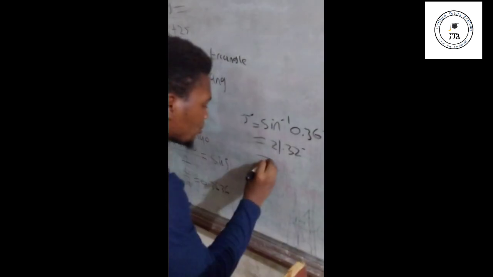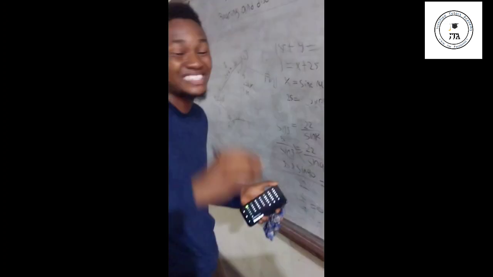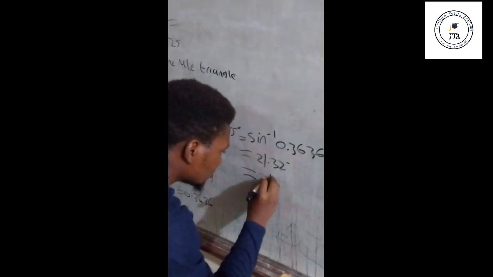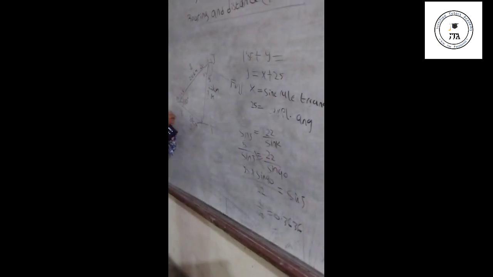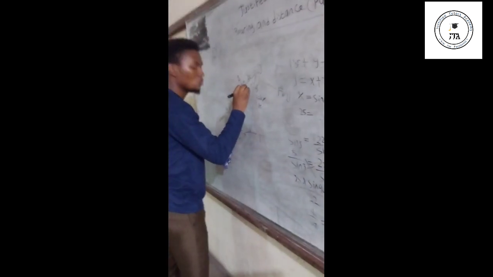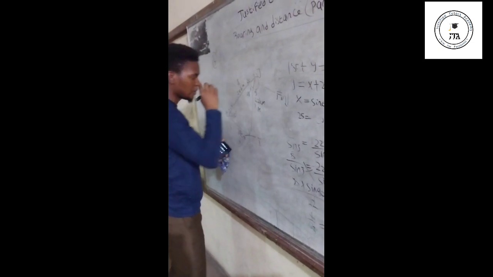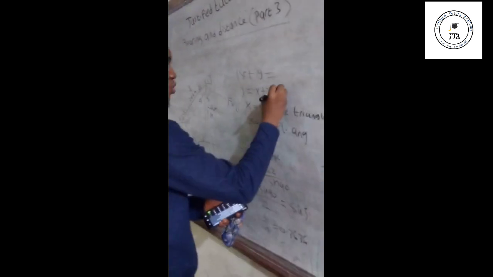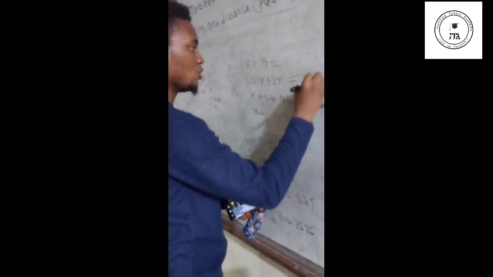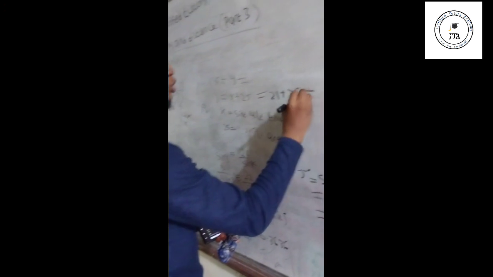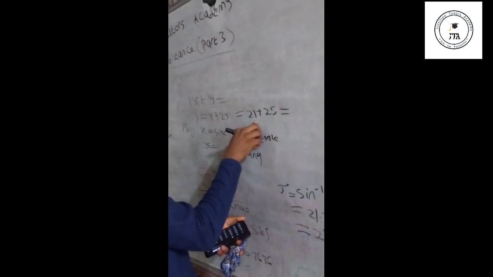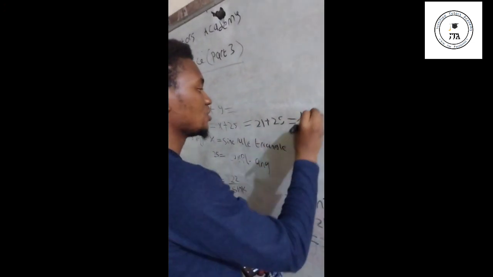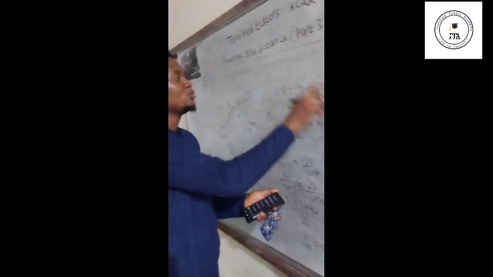Now, when you approximate this, because it says to the nearest degree, you have 21 degrees. Therefore, here is 21 degrees. So now we've gotten x. Back here, I said y was x plus 25. That would be 21 plus 25, which is equal to 46 degrees. Now, to this place.